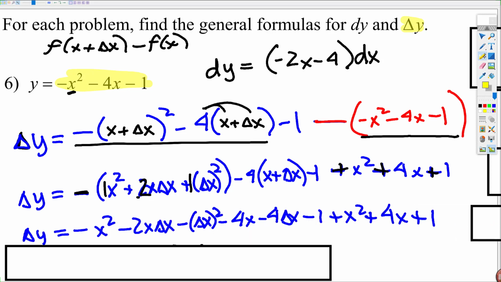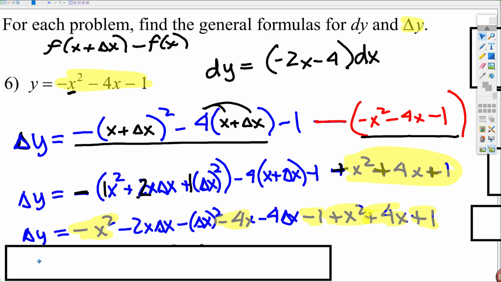And then what you're doing, you're searching for, so you start down here with these. These are the ones that are going to cancel. So here's a positive one. There's a negative one. Here's a positive 4x. There's a negative 4x. There's a positive x squared. There's a negative x squared. All of those cancel.